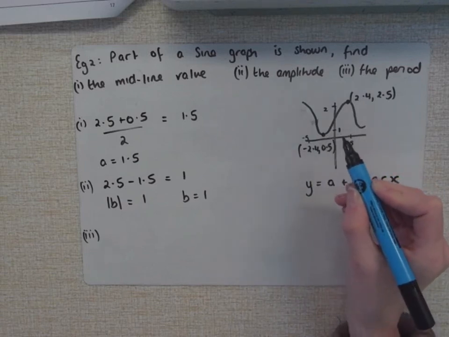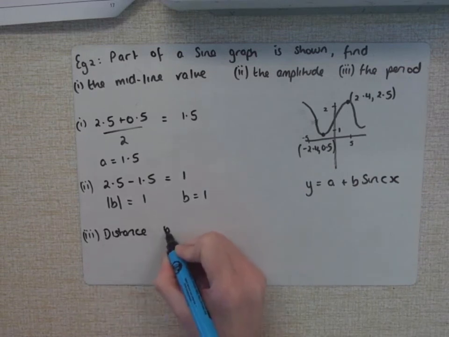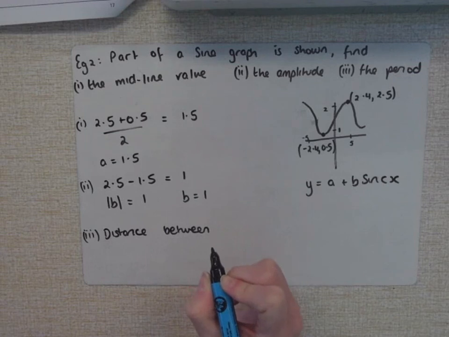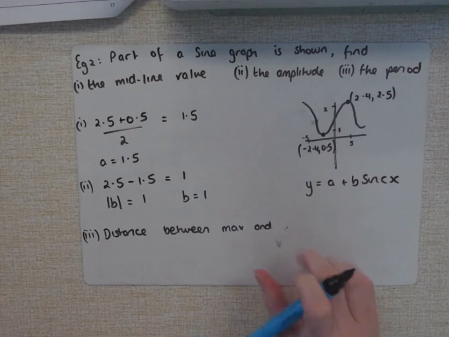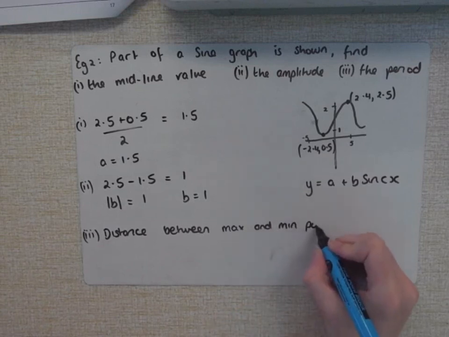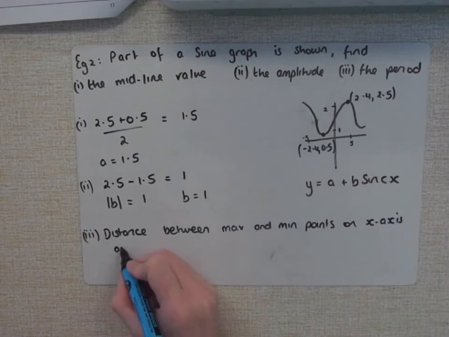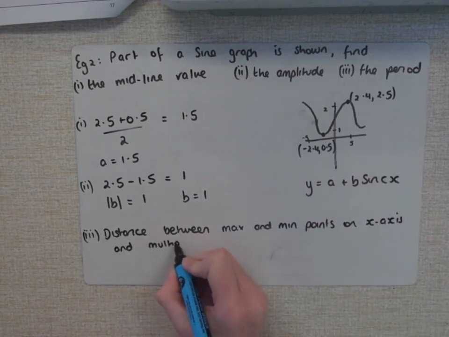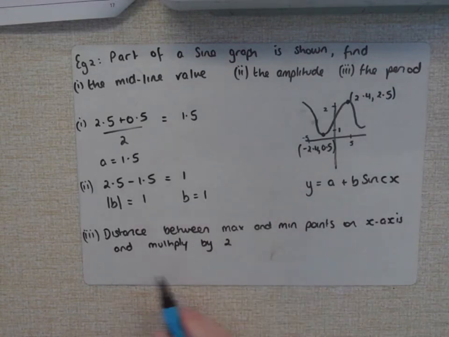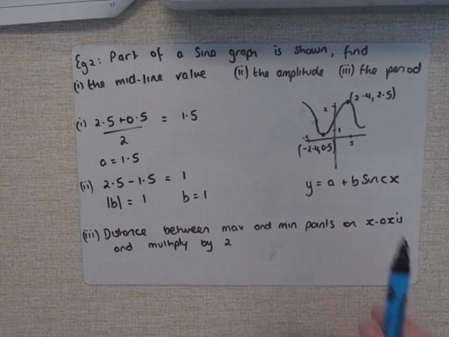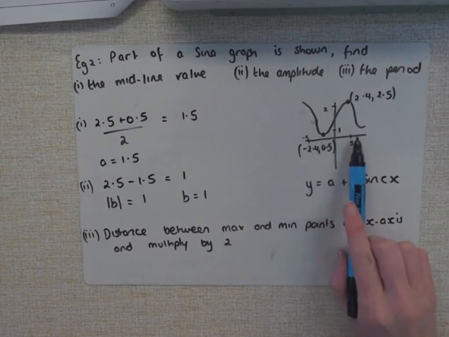Multiply it by 2, yeah. So you're going to get the distance between the maximum points on the x-axis. So the distance between the x values, okay?